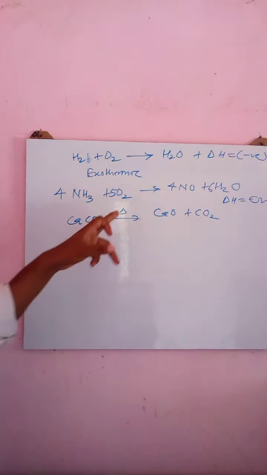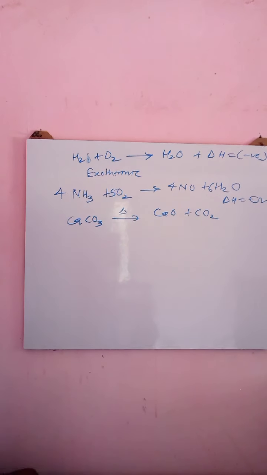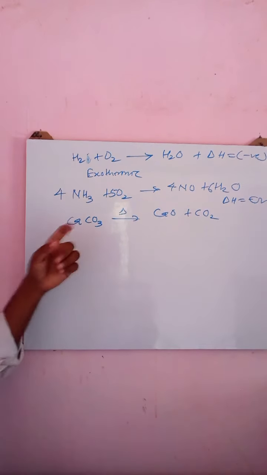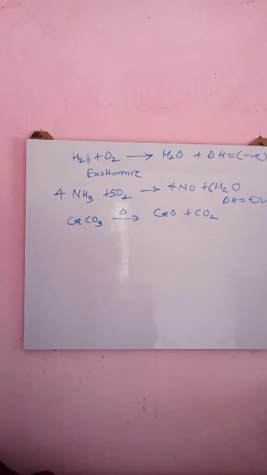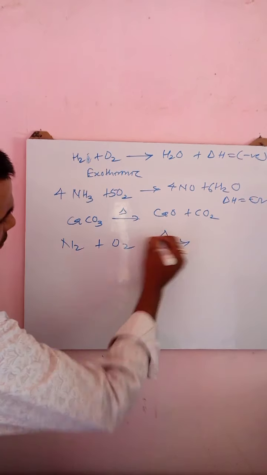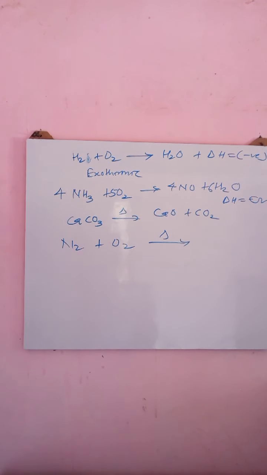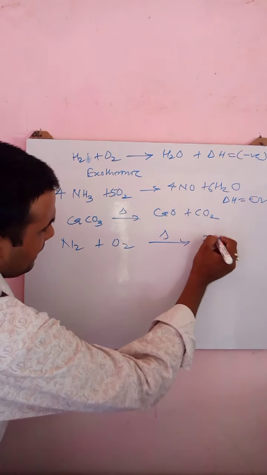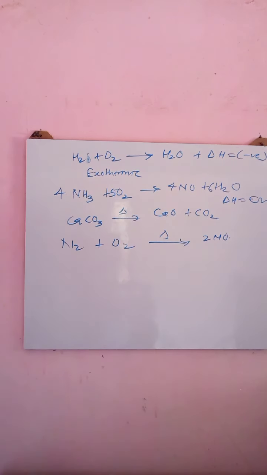Here energy taken in is greater compared to energy given out, so the reaction is endothermic. N2 plus O2 absorb a lot of energy to produce nitric oxide. It is also a type of endothermic reaction.